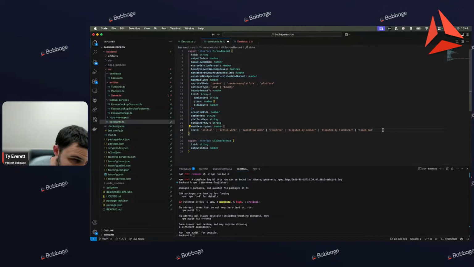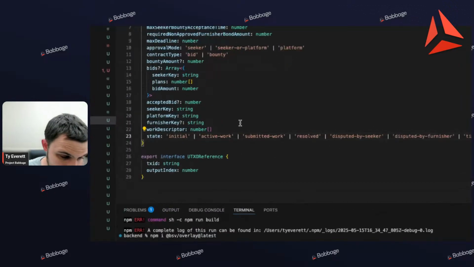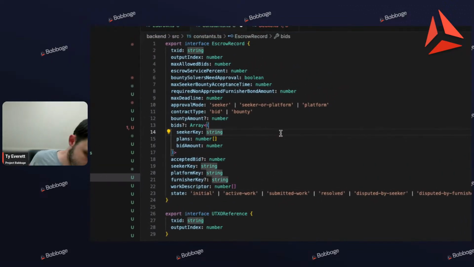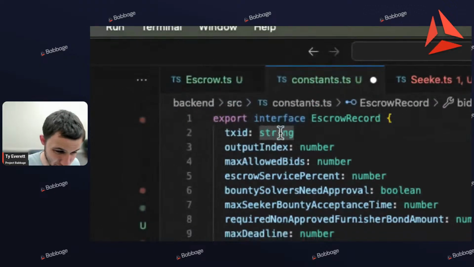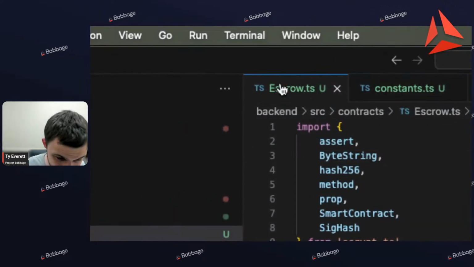Okay, just making some updates here to our logic. But I think we've successfully captured all of the things that we need to capture.